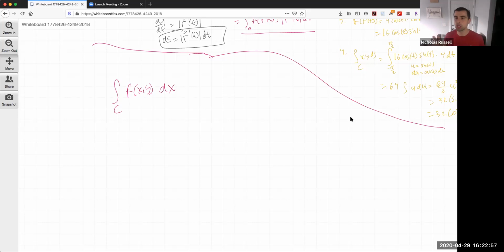What I'm doing is just picking points in my x direction here. And I'm trying to figure out, if I just move in the x direction and partition my entire curve in the x direction, what will that be?